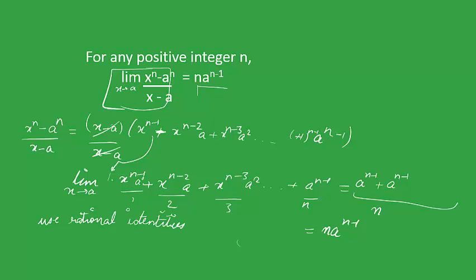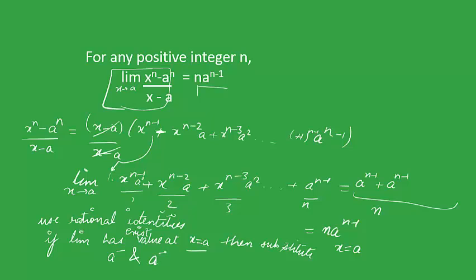Second, if the limit has a value at x equals a, then directly substitute x equals a into the expression occurring after the limit, because if the limit exists, then the limit as x approaches from a minus and the limit as x approaches from a plus are the same.